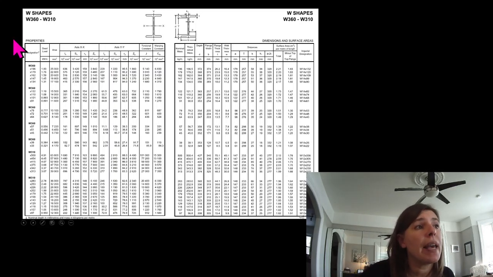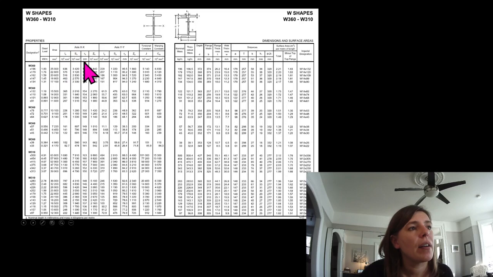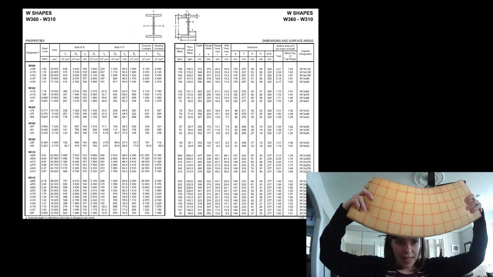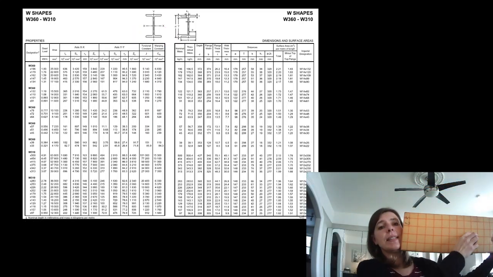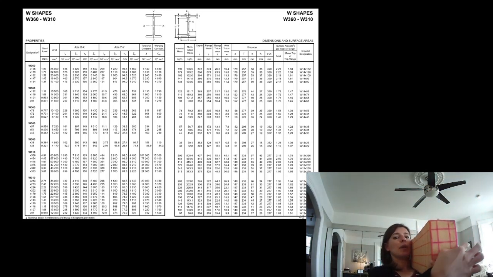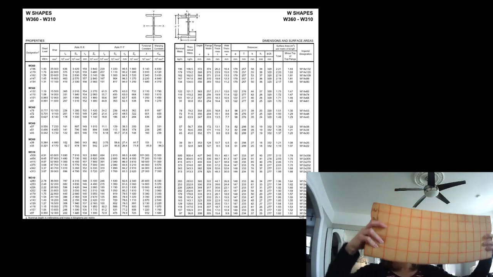So if we're talking about axis XX, so that's this one right here, that's saying we're bending about this axis. So this is the axis that comes around and cuts through it, so we're bending it like this.